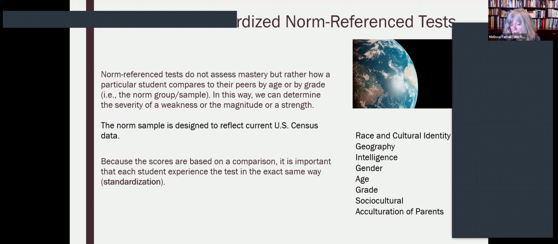They're not going to tell us to what degree a child can decode CVC words, whether they're at 90% or 95%, because their focus is not on mastery, but on how our student compares to their peers by age or grade.